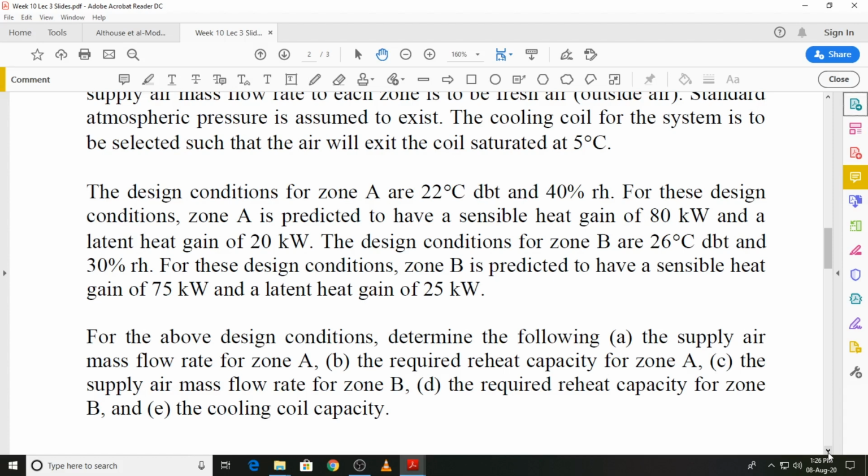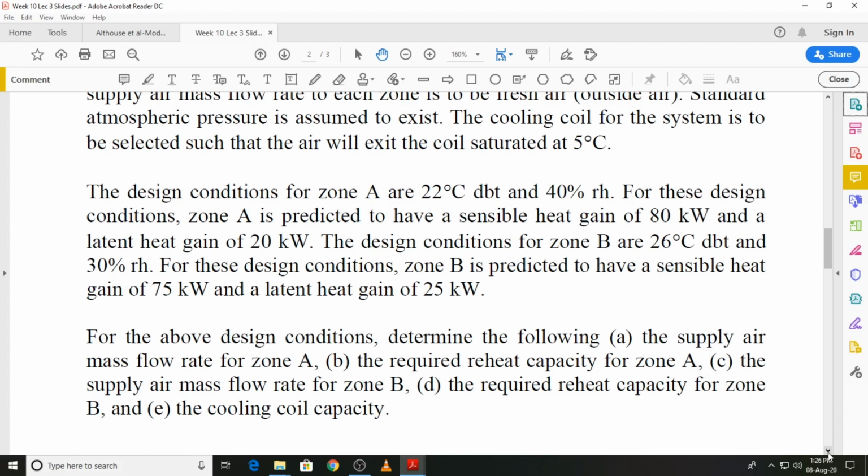So remember, in a terminal reheat system you have reheat boxes or reheat terminals before each of the zones, and according to the requirements of the zone you will provide the reheat for each of the zones that you are conditioning.